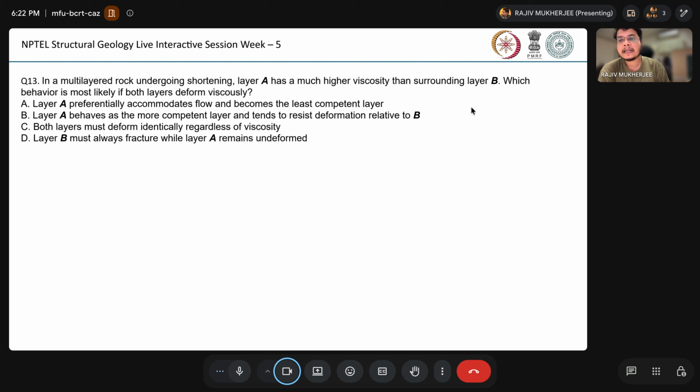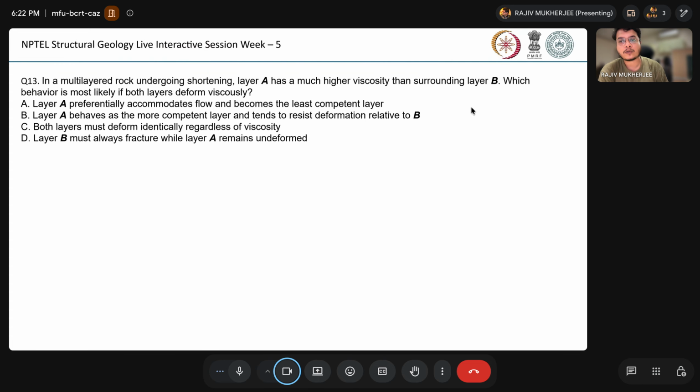Option B, layer A behaves as the more competent layer and tends to resist deformation relative to B. Option C, both layers must deform identically regardless of viscosity. And option D, layer B must always fracture while layer A remains undeformed.